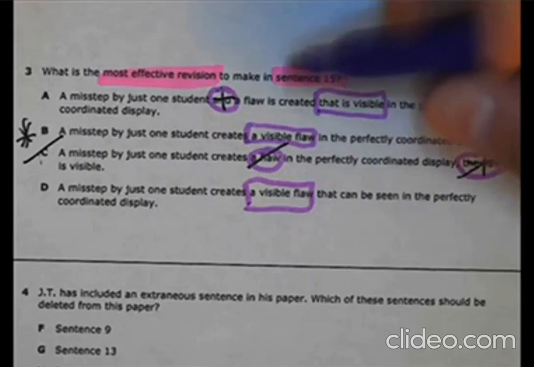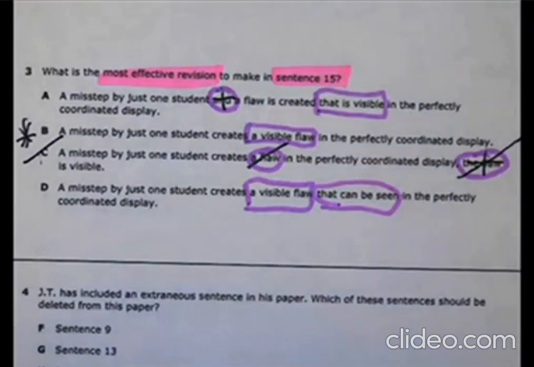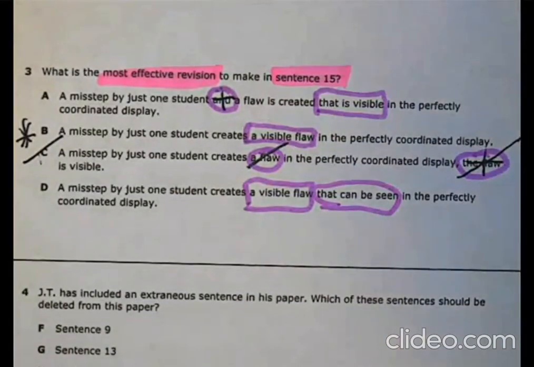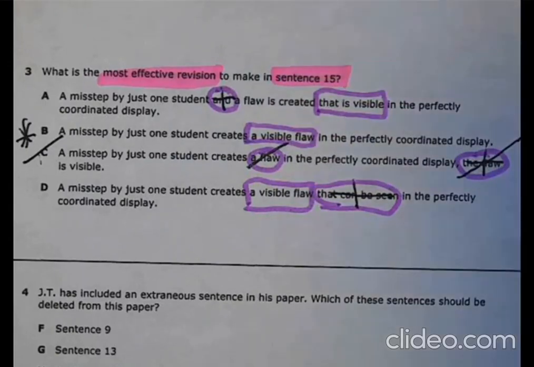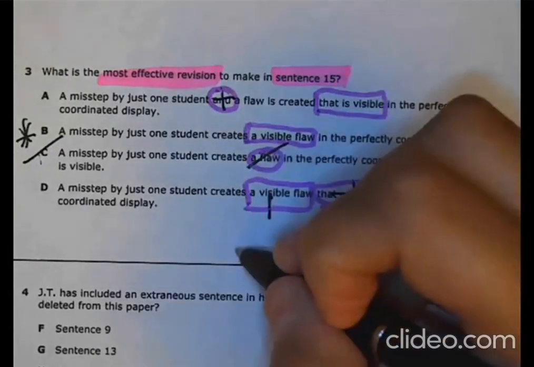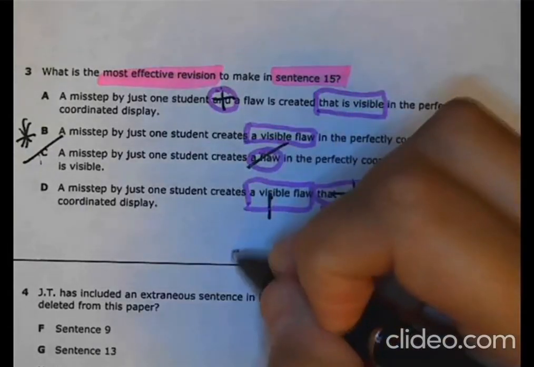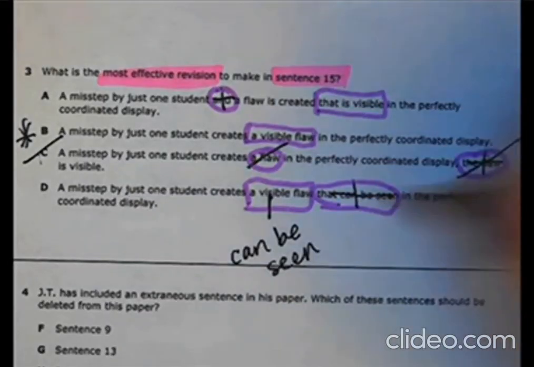But they added this phrase here, that can be seen. I want you to see what they did here. When we think about it, what does visible mean? Visible basically means that something can be seen, right? What does "that can be seen" mean?